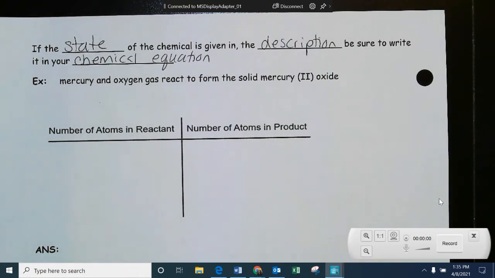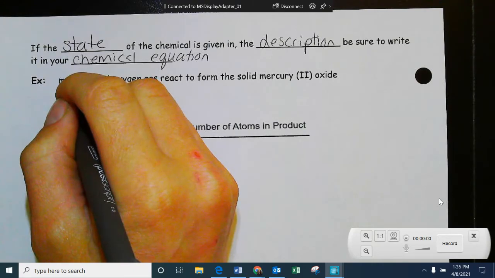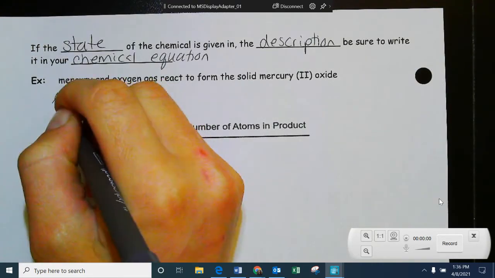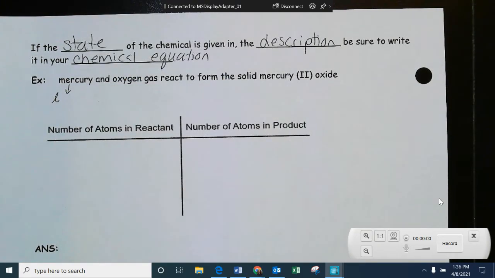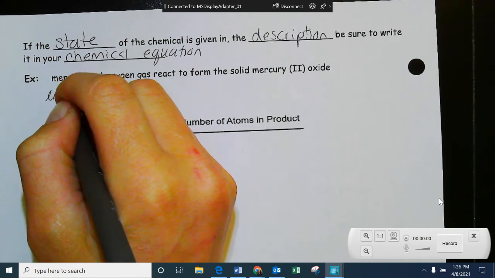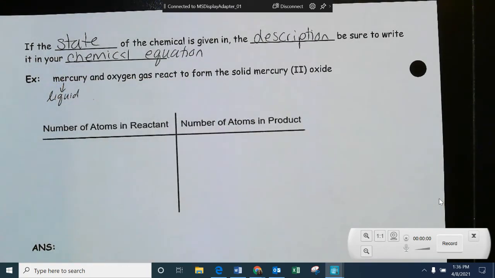So in this example, we're seeing mercury and oxygen gas reacting to form the solid mercury 2 oxide. Mercury, unless otherwise specified, is a liquid at room temperature. So unless it's otherwise specified, you can assume that that's going to be a liquid.